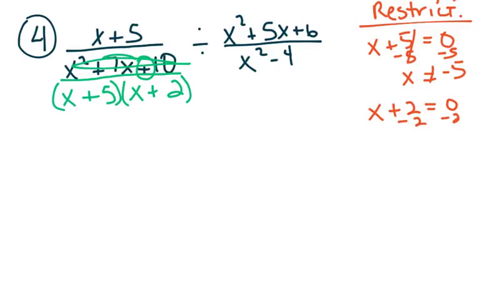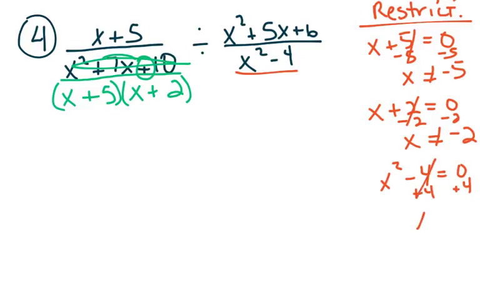Subtract 2 from both sides. x cannot equal negative 2. Then I have x squared minus 4 equals 0. Add 4 to both sides. x squared equals positive 4. Take the square root of both sides.